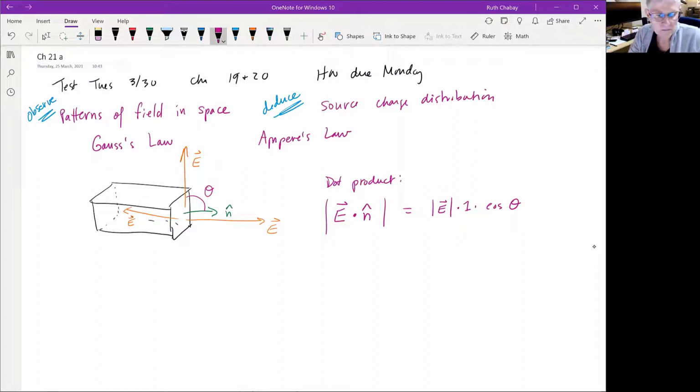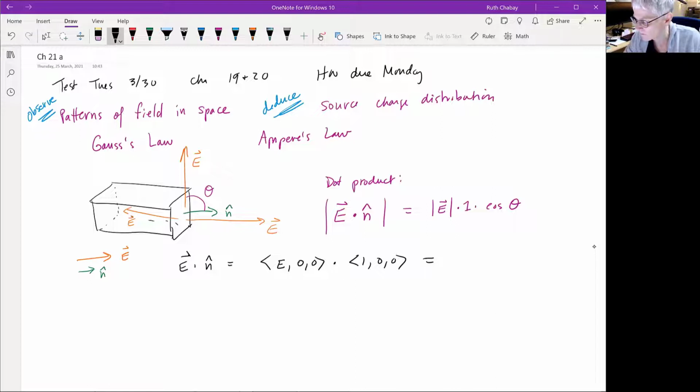And if they're both out, so if we have E and n hat, we'd get E dot n hat, where our vector is some (E, 0, 0) dot (1, 0, 0), and that's going to give us just the magnitude of E, a positive number.